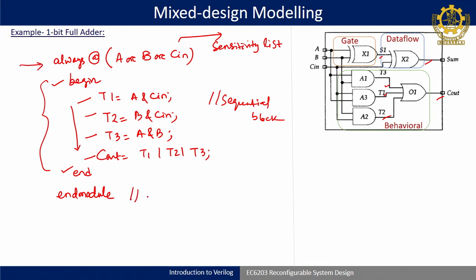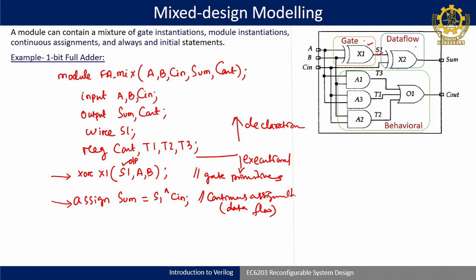So the simulation when you are doing all of this happens at 0 time units. In all these things I have not written the timescale, but you have to write the timescale everywhere, that is highly required. Like I used to tell last class, timescale 1 nanosecond by 1 nanosecond. That has to be written.